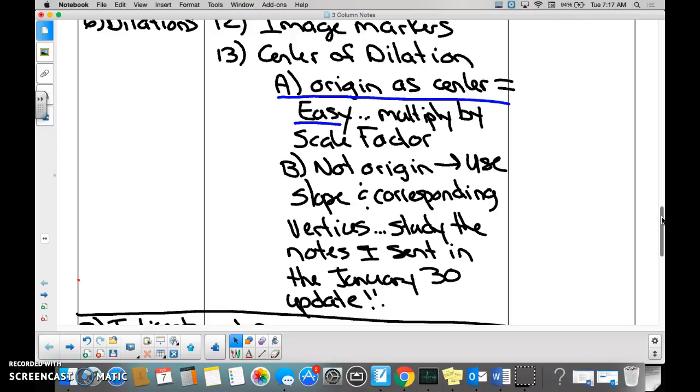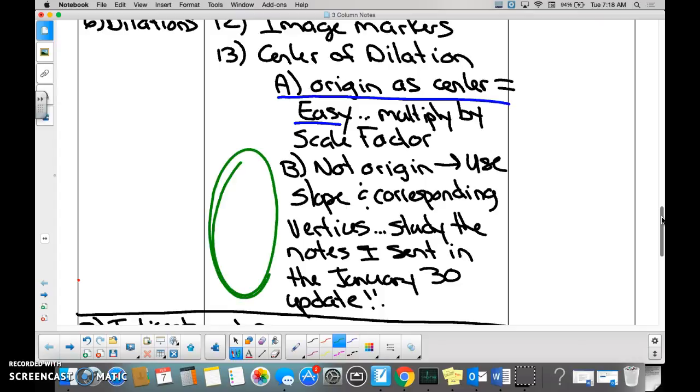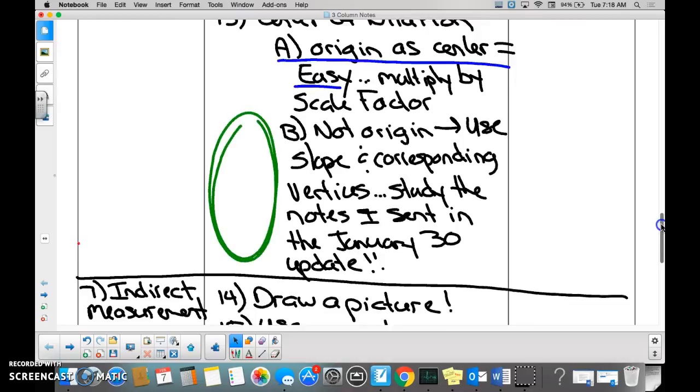Remember, that dealt with slope, multiplying the top number of the coordinates by the slope, and the bottom number by the slope, depending on what it is that you are looking at. So probably a lot easier if you just ignore what I'm saying right now, but if you just go back and use your January 30th update to help you with that, highly, strongly, greatly encourage you to do that.